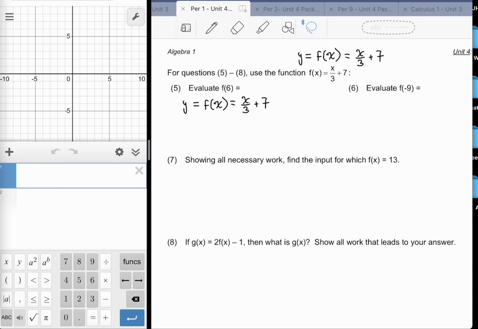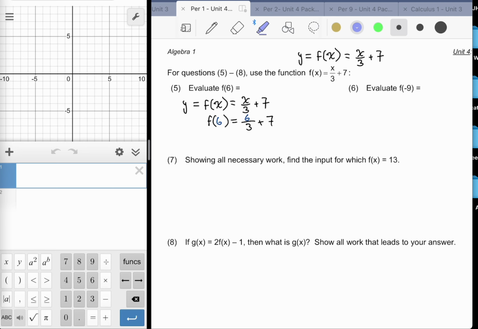So when we want to find f of 6, I'll do it by hand first, then on Desmos. If we want to find f of 6, that's saying replace any x in your function with a 6. Because it's a function of x, but we're letting the value of x be equal to 6. And the result will be some value y.